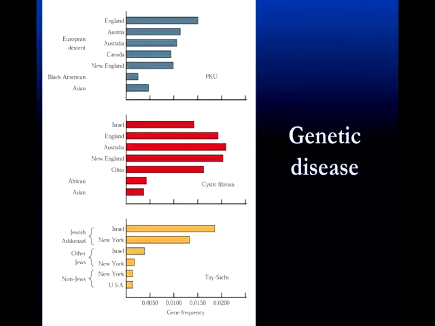Cystic fibrosis is another problem that causes cysts and usually death in people who suffer from it. And down here we have Tay-Sachs disease, which has a high incidence among Jewish populations. So questions about how these kinds of disorders would be maintained in populations is something that people who study population genetics are interested in, right?